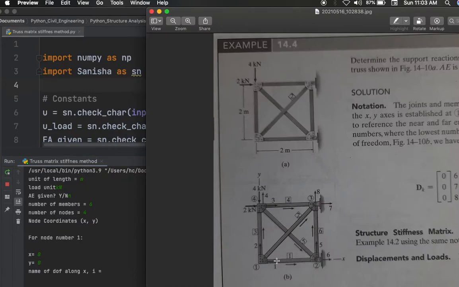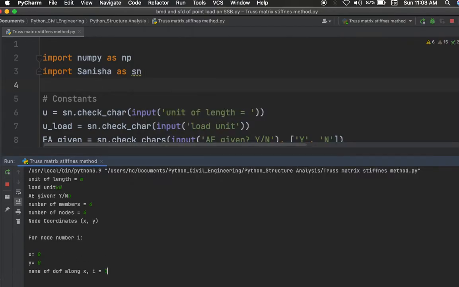Here this is 1, and along y this is 2. Degrees of freedom are the directions along which this node can move. So there are 2 directions, x and y. I will put here 1 along x, and along y it is 2.